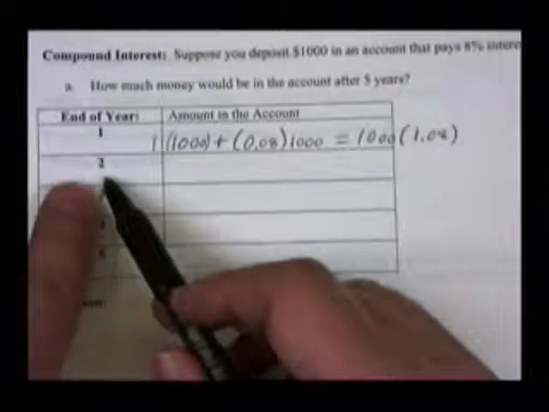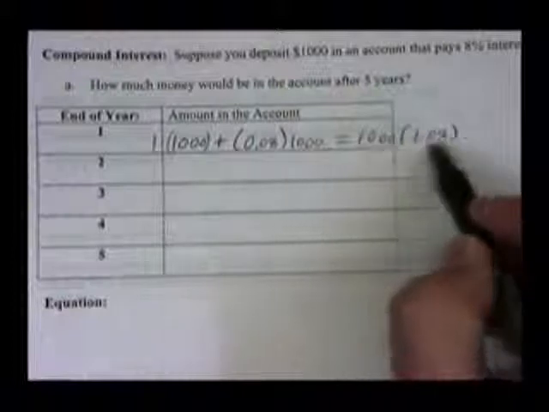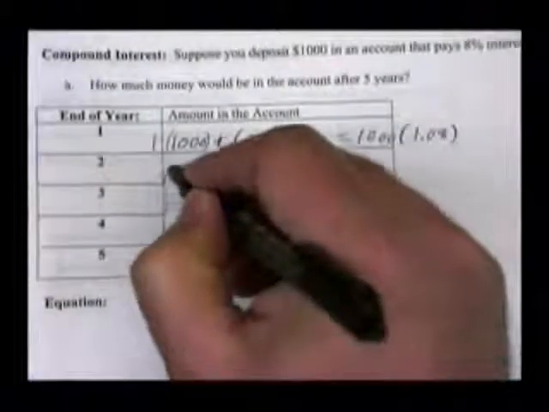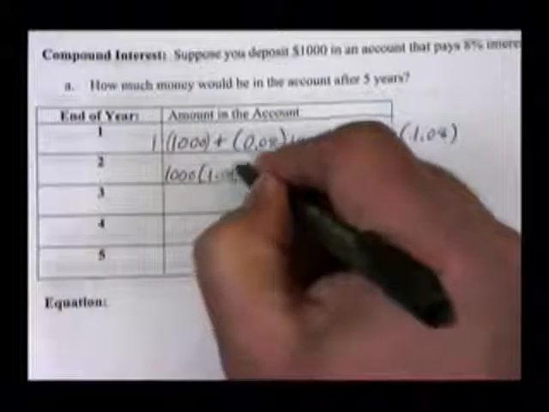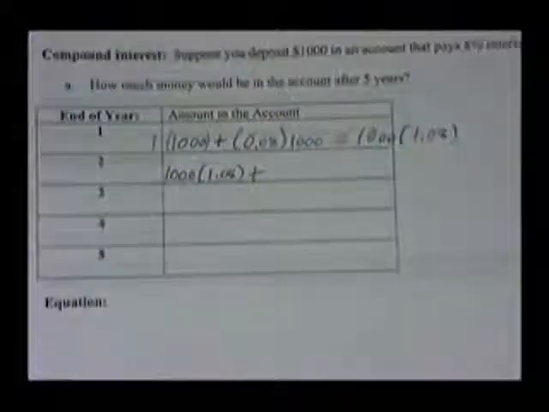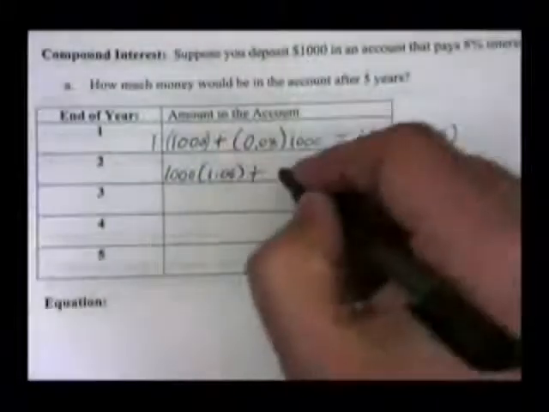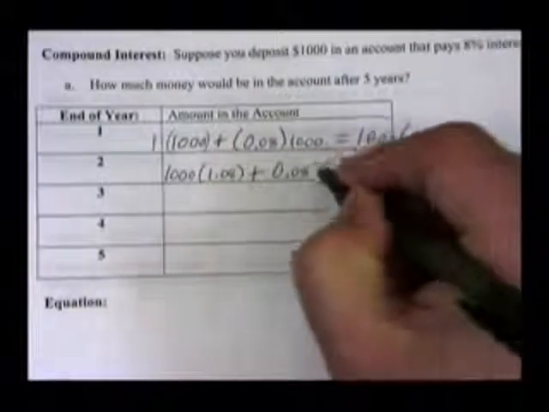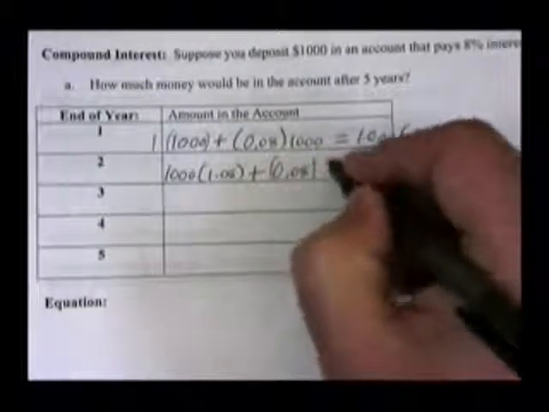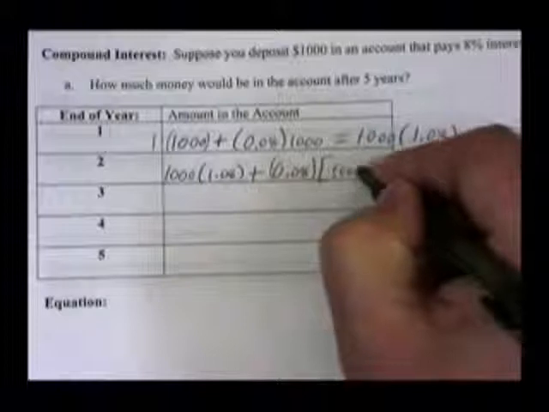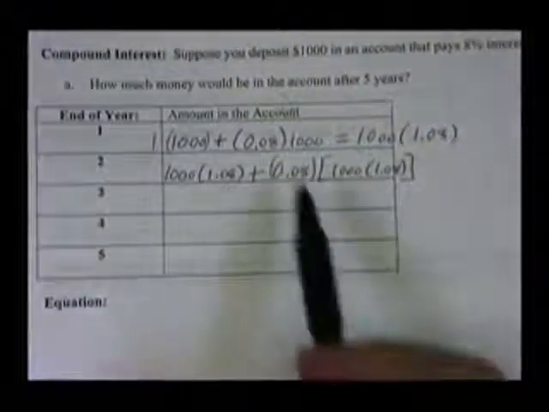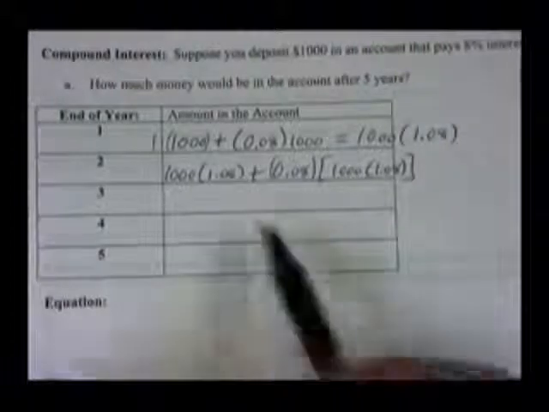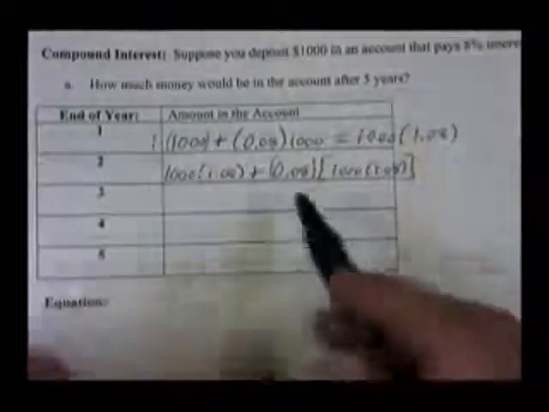All righty. At the end of the second year, I'm going to take what I had at the end of the first year, which was 1,000 times 1.08, and I'm going to add 0.08 times that amount. Now I'm earning interest on my interest, which is why we call it compound interest.